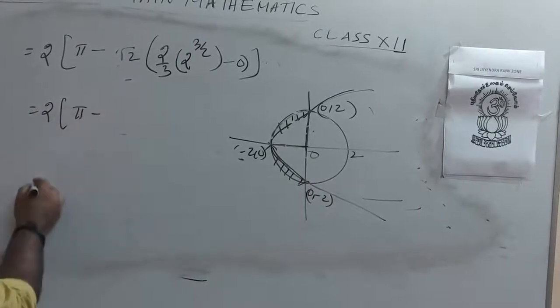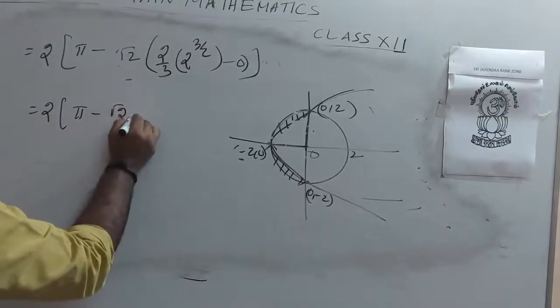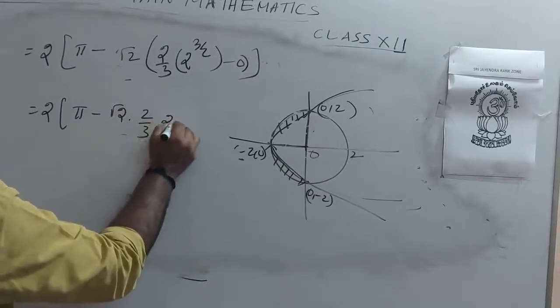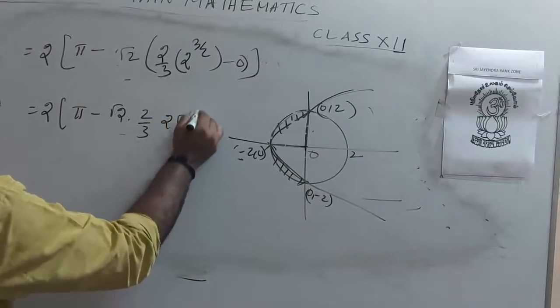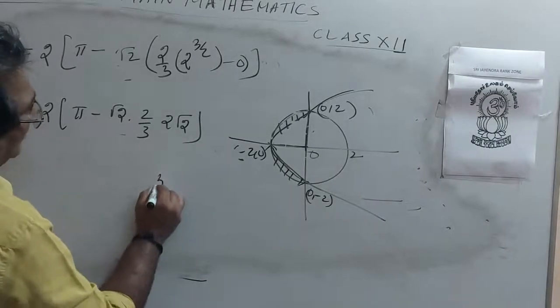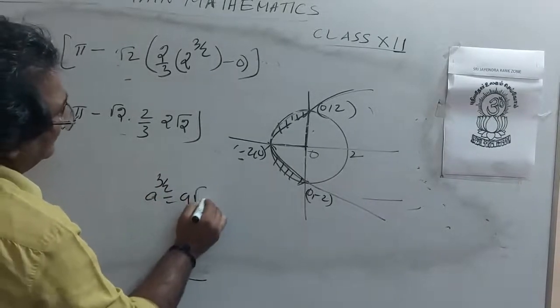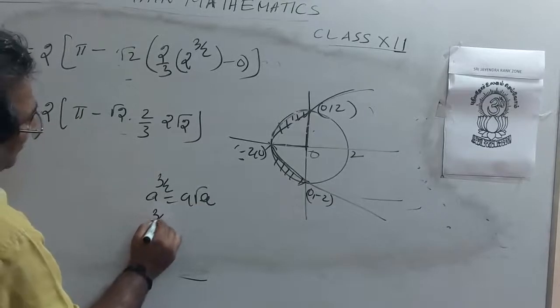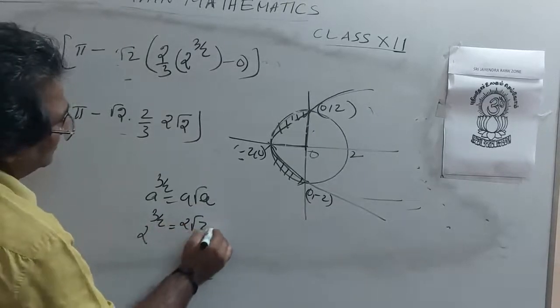Pi minus root 2 into 2 by 3, that is 2 root 2. A power 3 by 2 means a into root a. 2 power 3 by 2 means 2 into root 2.